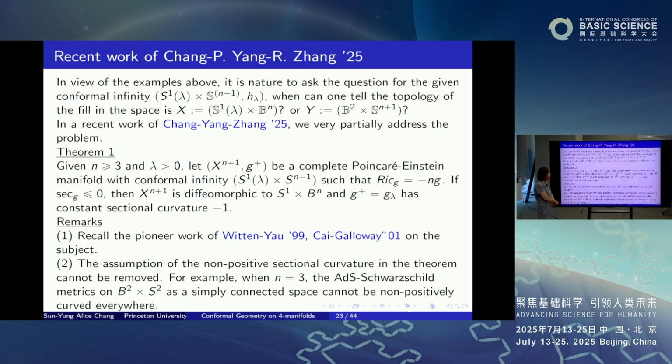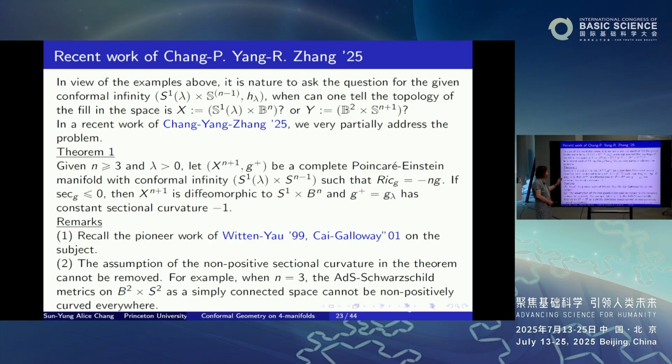We ask, can one tell the difference between X and Y? And when is it filling X and when is it filling Y? And are these 2 the only topologies which are allowed? And these all are open questions. We only very partially address the problem.